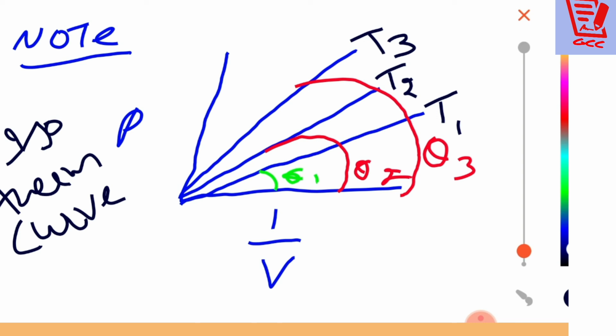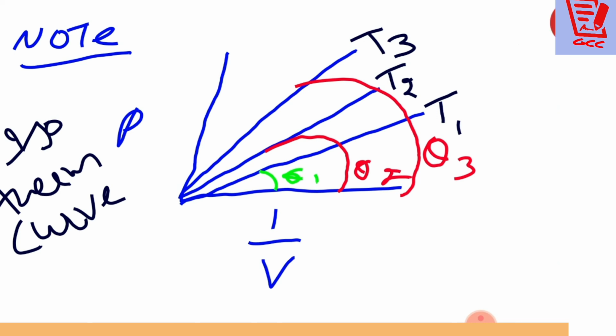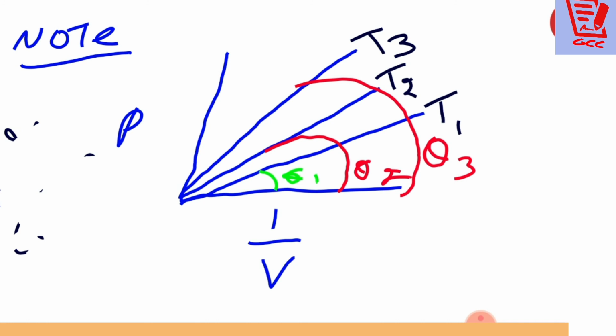But here our main question is that what will be the relation between the temperature and the constant.